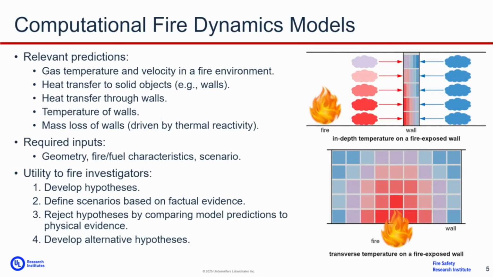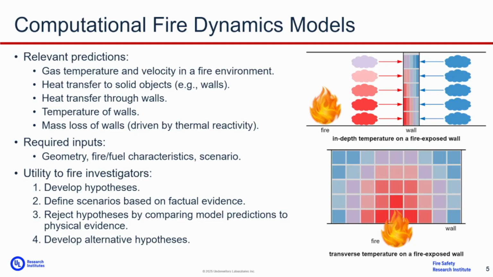Computational fire dynamics models can be used to predict a lot of things that can result from a fire and that are of relevance to fire safety engineers and fire researchers and, of course, fire investigators.